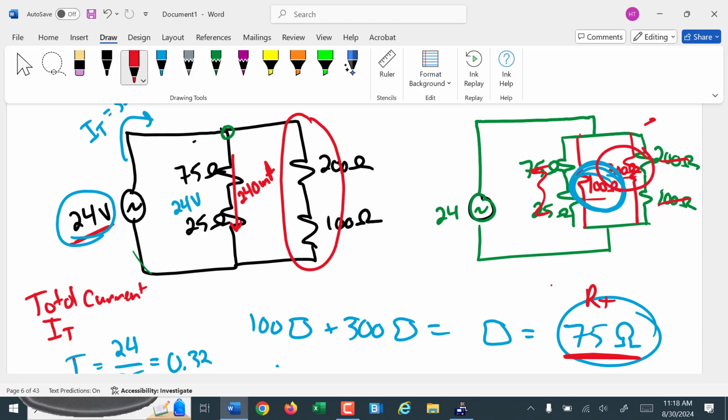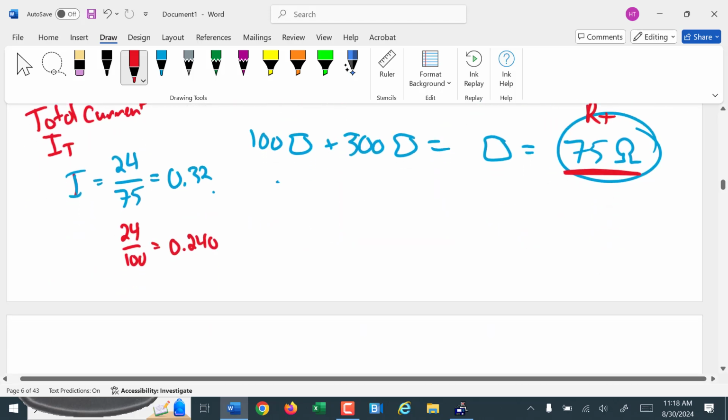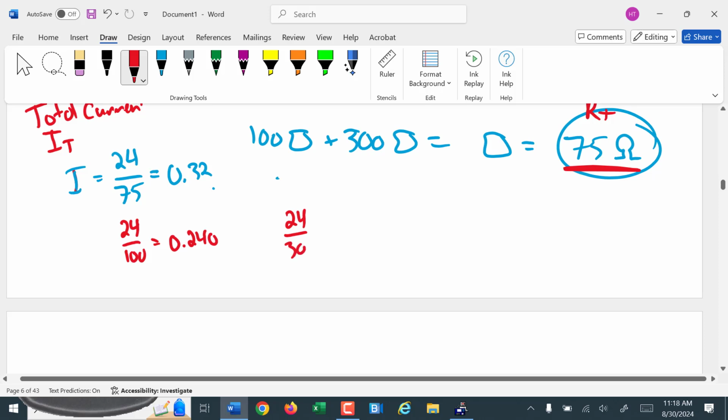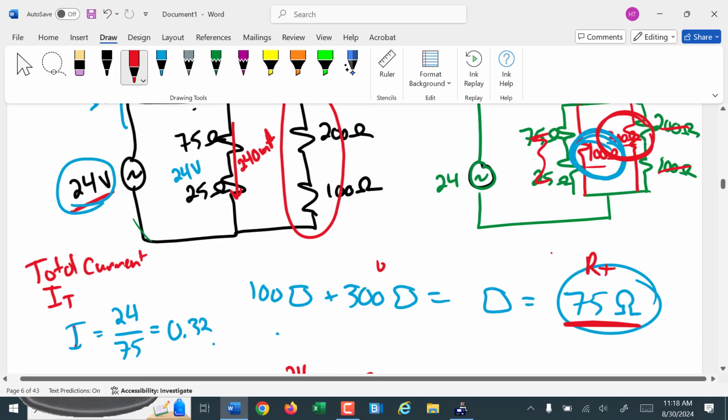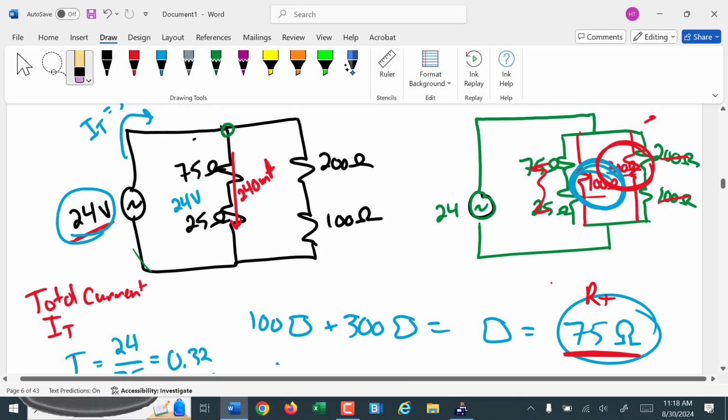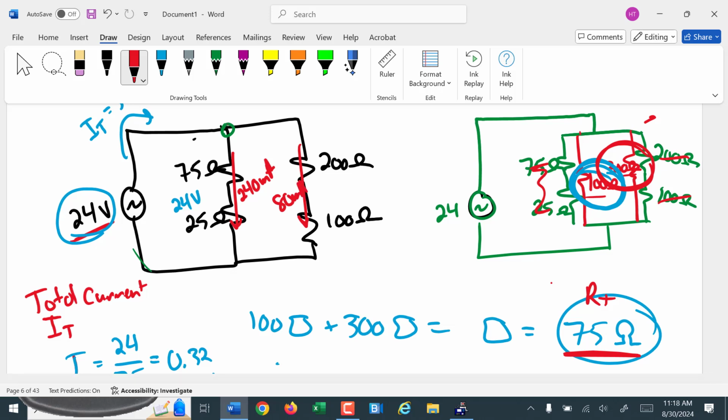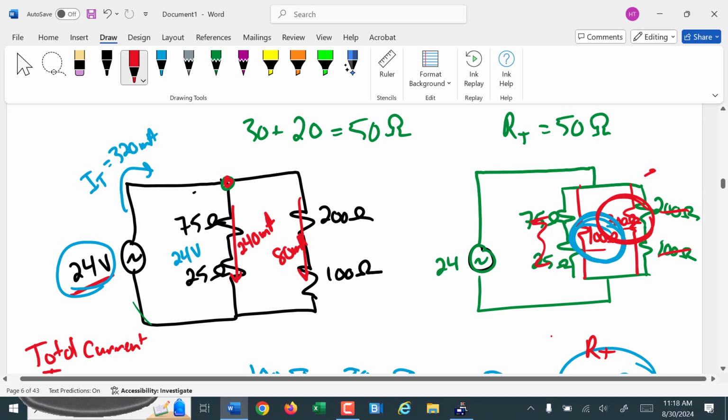This is going to be 240 milliamps across here. This is going to be also 24 volts across the 300 ohm equivalent. So 24 over 300 is going to be 0.080. That's 80 milliamps.